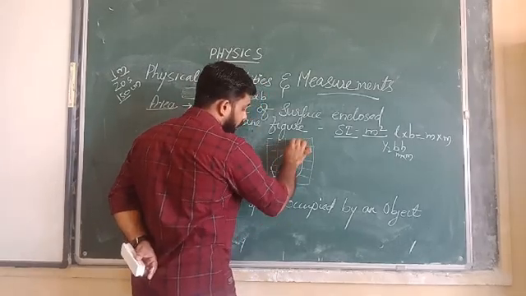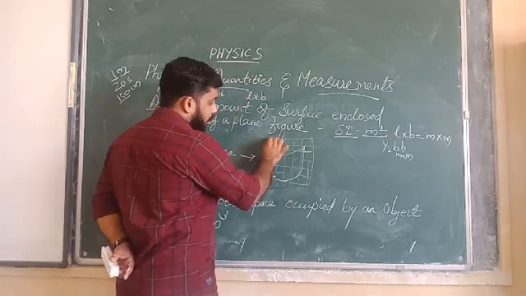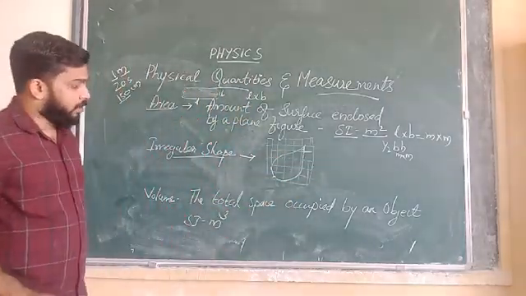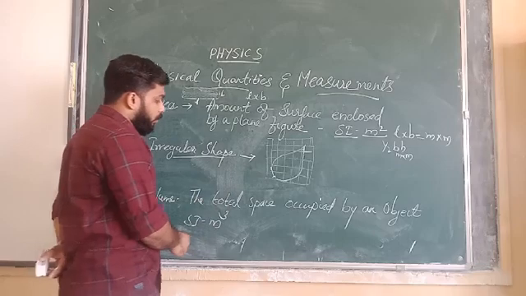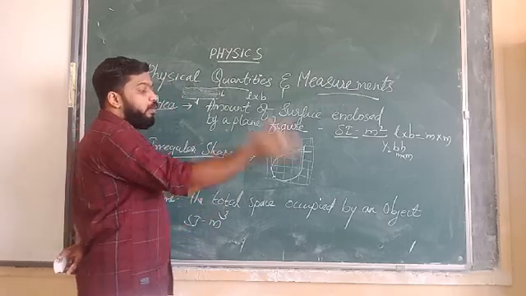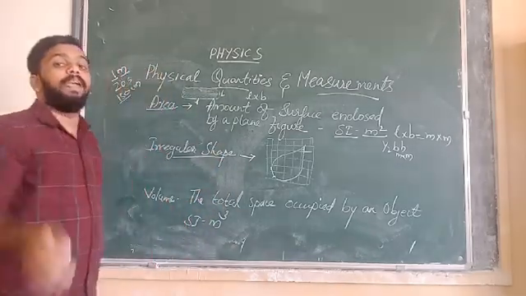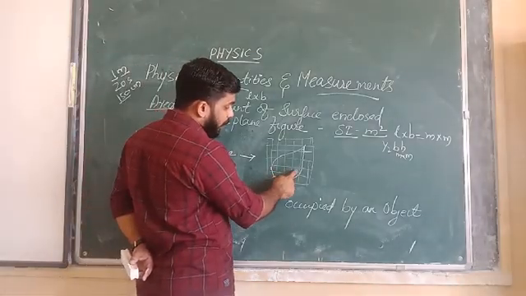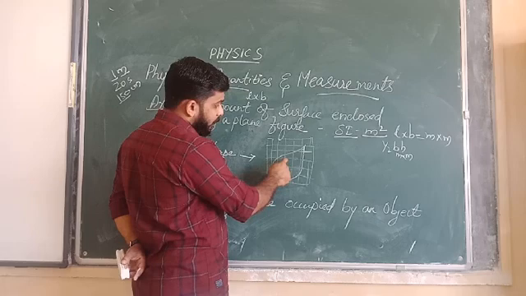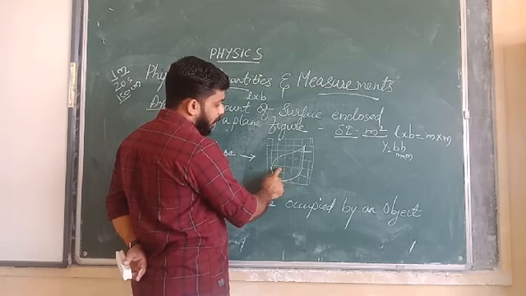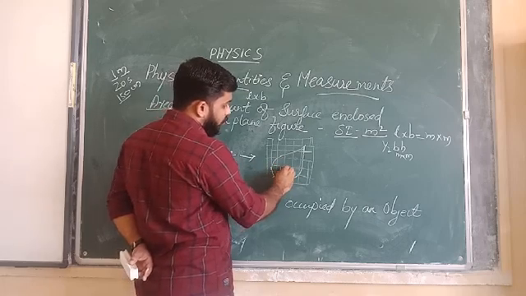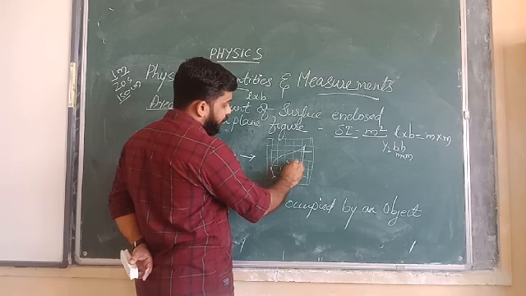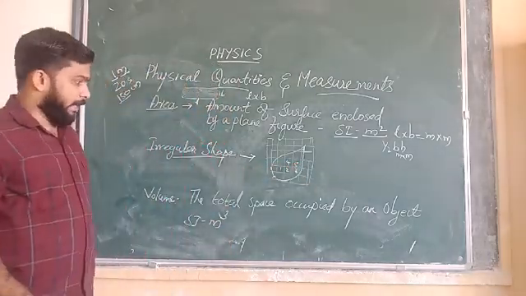So we now have to know that it will be squares, and we are going to measure the squares. Here we are going to count the number of full squares. How many full squares are there? For example, here: 1, 2, 3, 4, 5. 5 full squares are there.